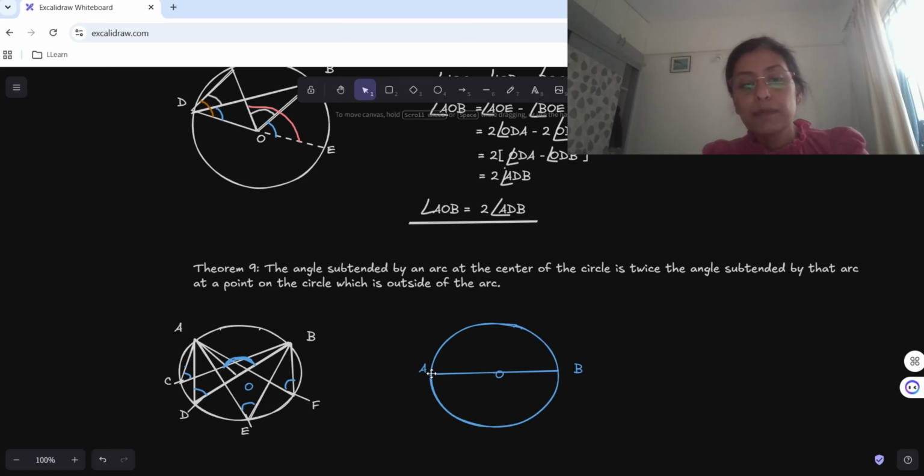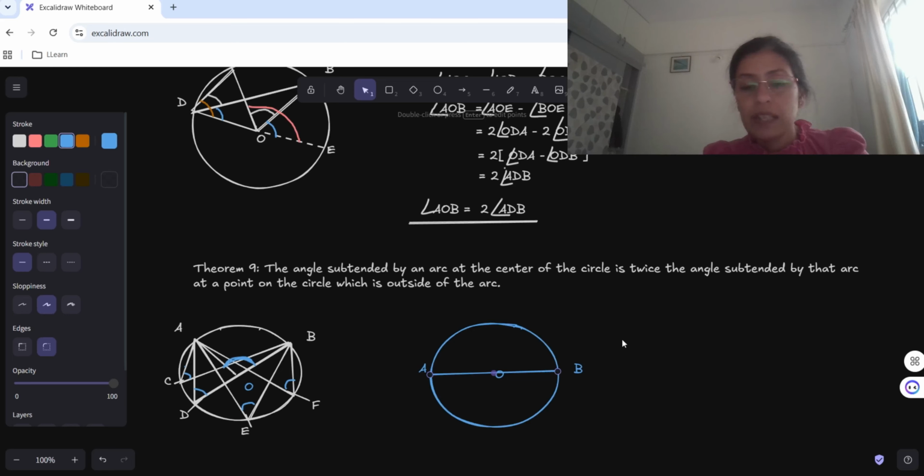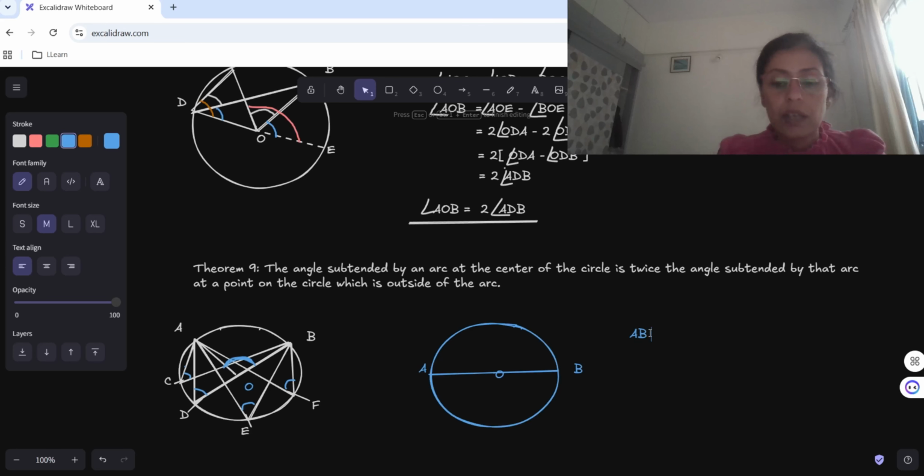Now these points A and B are dividing this circle into two equal parts, because they are passing through the center of the circle. So here AB is the diameter of the circle.